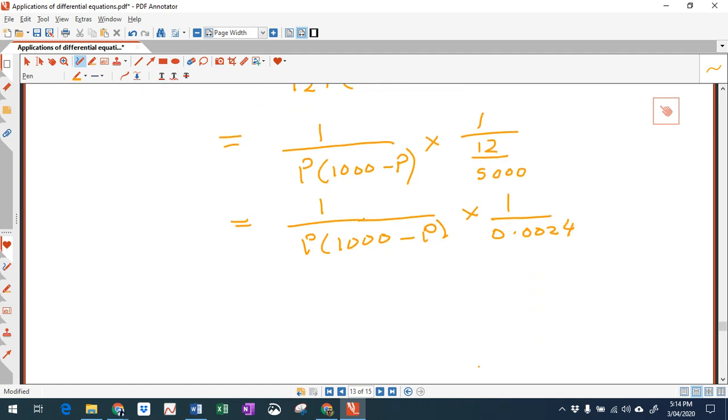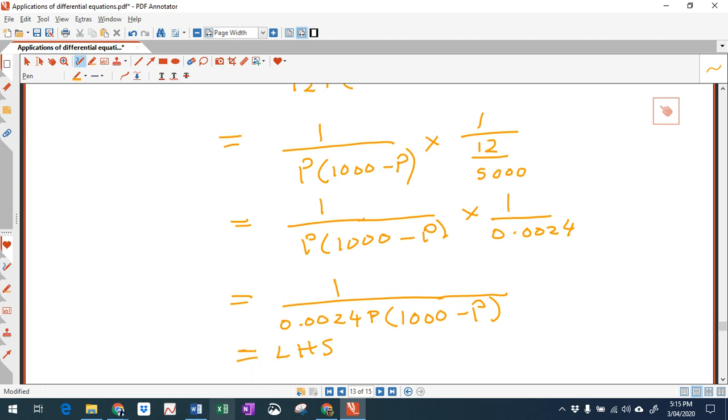That's equal to 1 over 0.0024P(1000 − P). There we go, and that is equal to the left-hand side. Done.